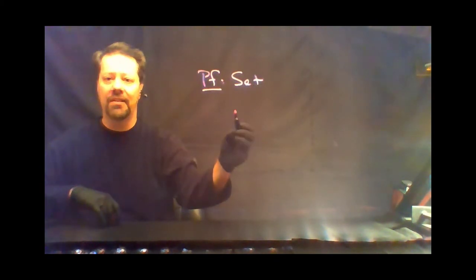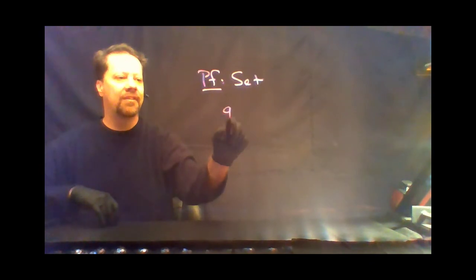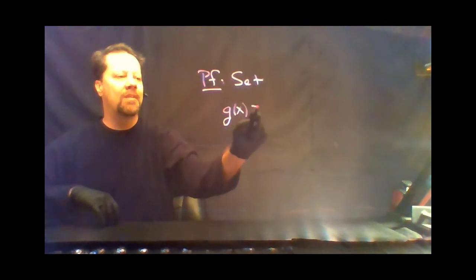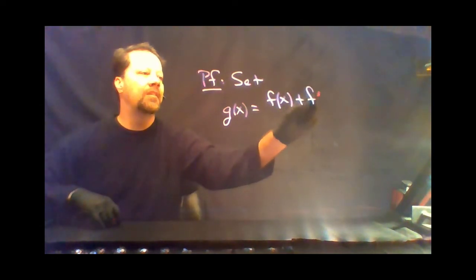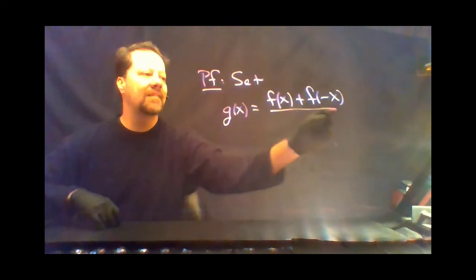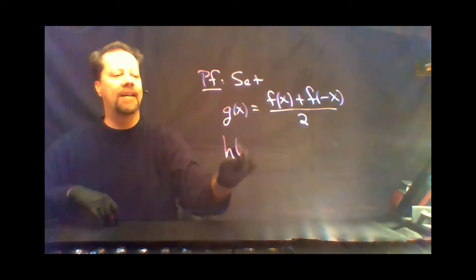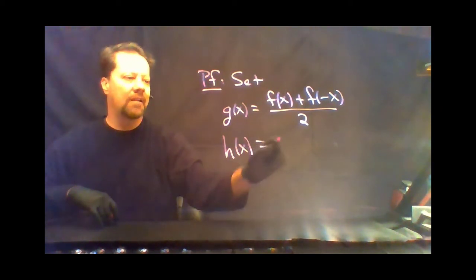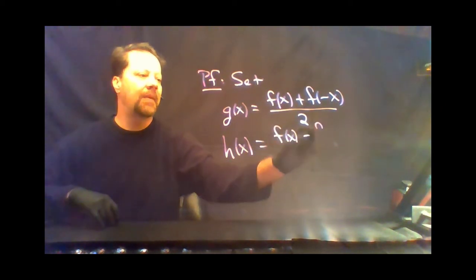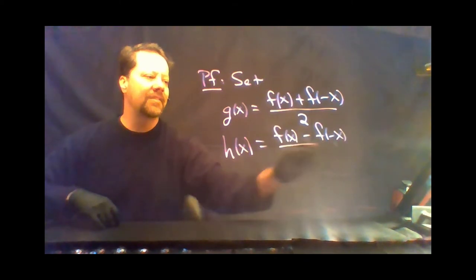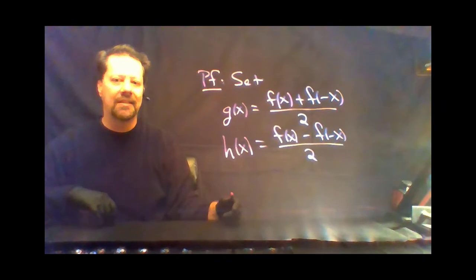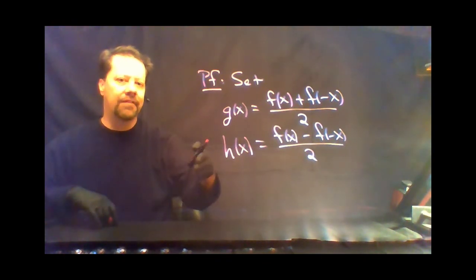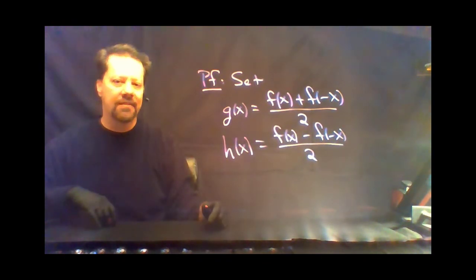We'll construct the function g and the function h. G is going to be the even part. Suppose that part is f of x plus f of minus x divided by 2, and h of x, the odd part, is f of x minus f of minus x over 2. You can see that because we're evaluating at minus x, the function has to be defined on an interval that is symmetric about the origin.